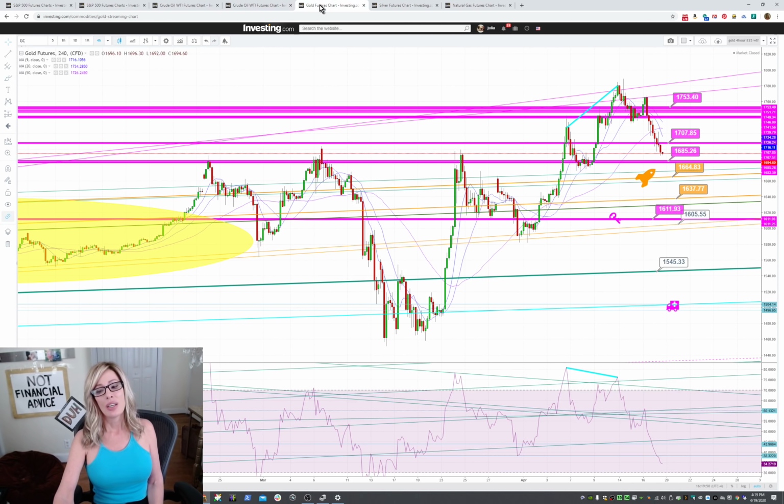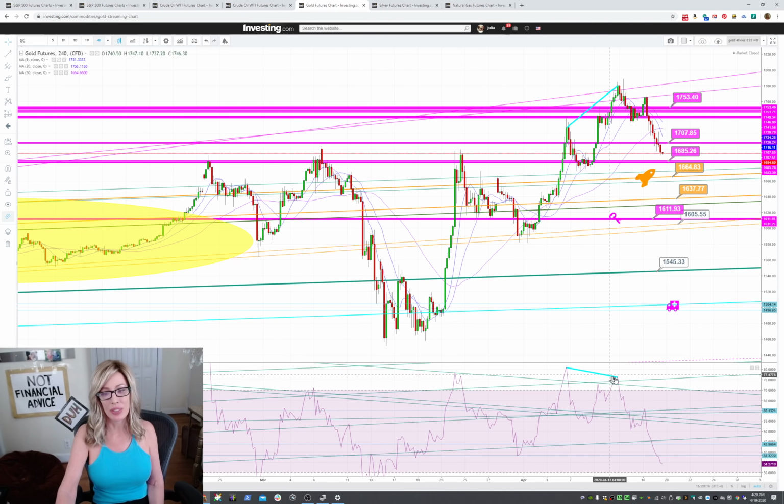Okay, now let's look at gold. If you remember, I didn't know whether it could get above these. And I said, if it gets above these, it's going to the moon. And it did, and then it didn't, and then it acted as if it would. But this looks to me like a false breakout.